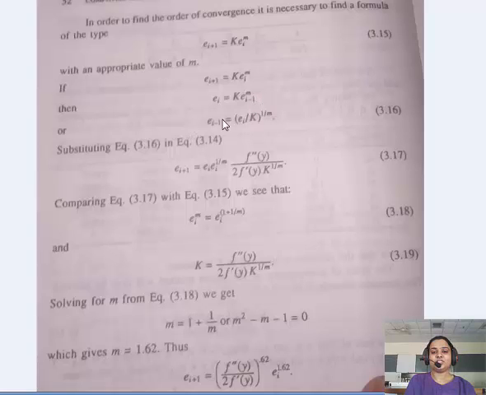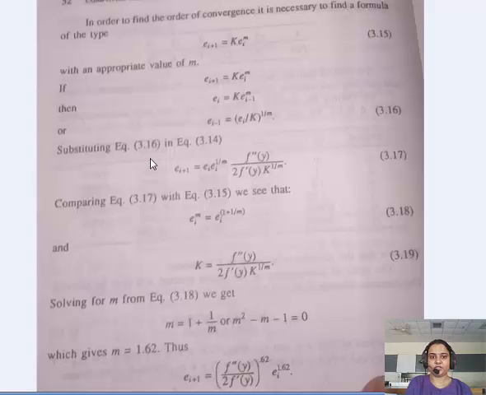We can see here we just replaced e_{i+1} with e_i and e_i with e_{i-1}. From this expression we got e_{i-1} is equal to e_i upon k to the whole to the power 1 upon m. So here we get equation 3.16.